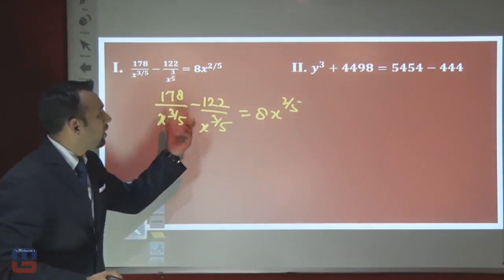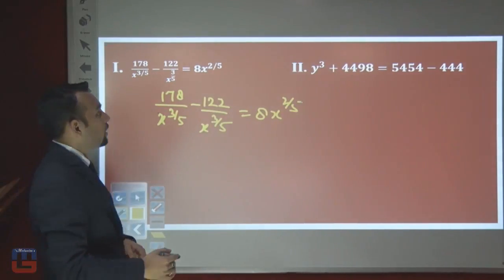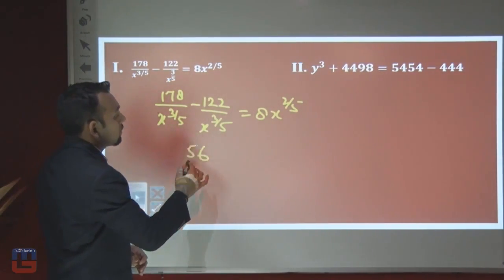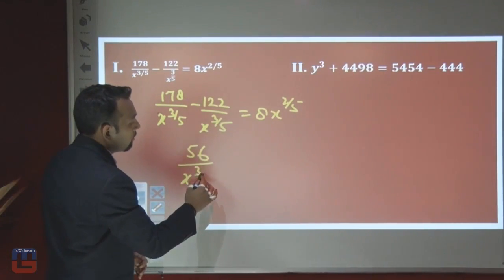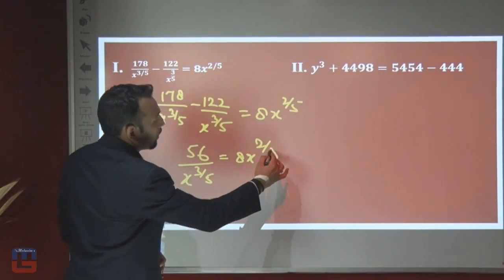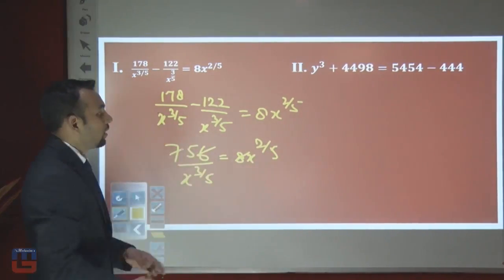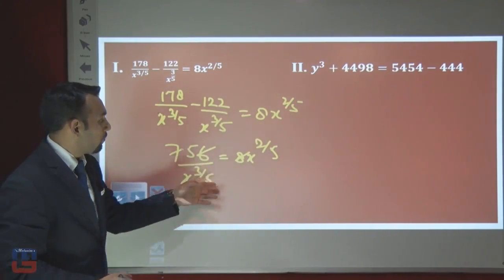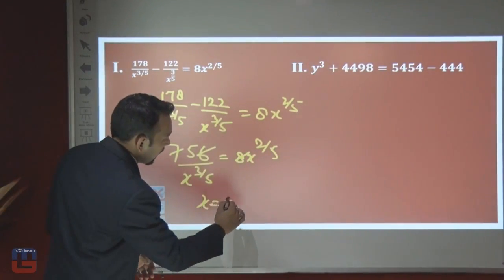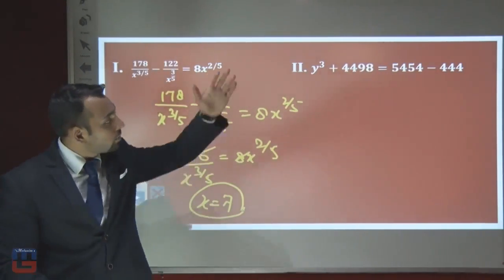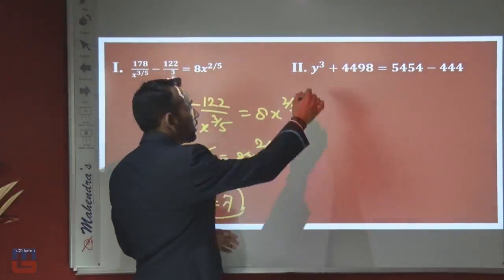The base is the same here. 172 minus 122, you will get 656, and this is x to the power 3 by 5, and this is 8 x to the power 2 by 5. So this will be divided by 7, and the powers will be added, 2 plus 3 is 5, so here directly we can say that x will be 7.